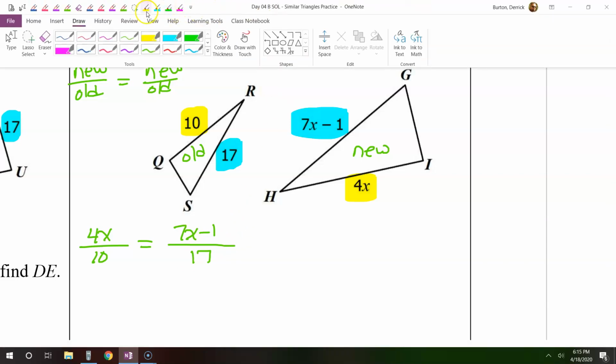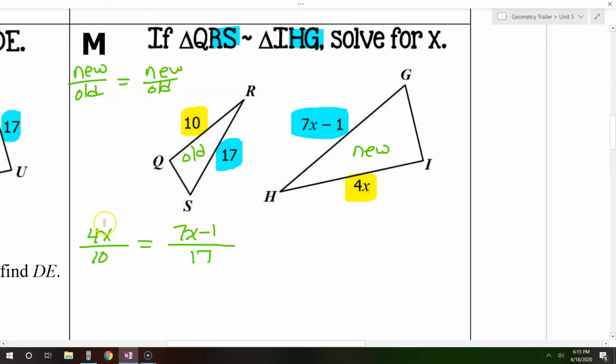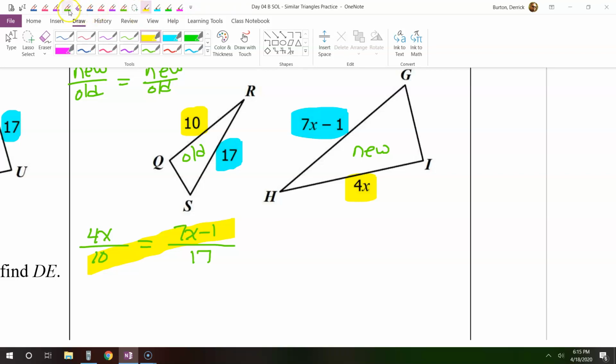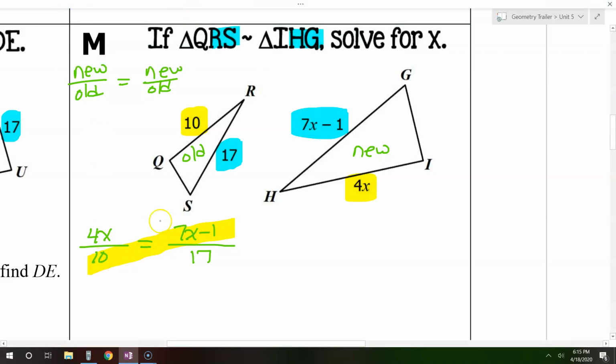Please cross multiply. All right, I think I'm going to do this diagonal first. Don't forget your distributive property. I'm taking this 10 and I'm multiplying it by the 7x and the negative 1. So that will give me 70x minus 10.